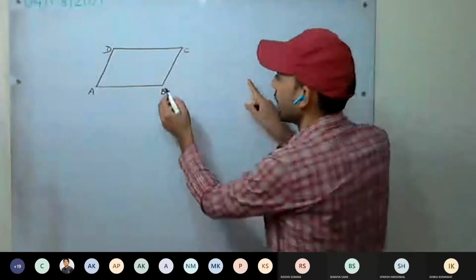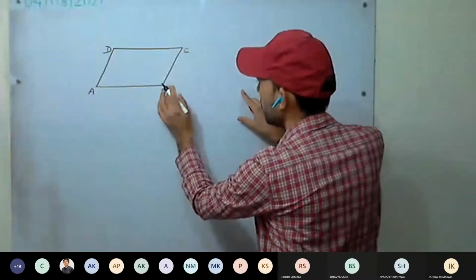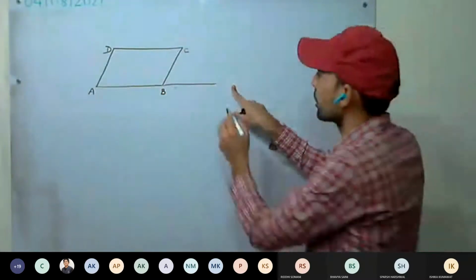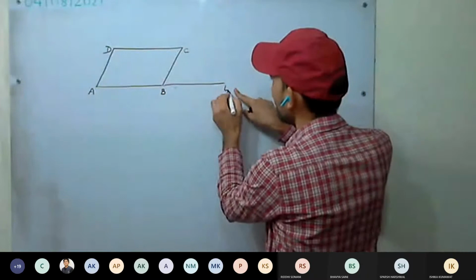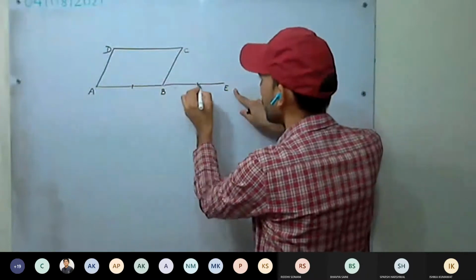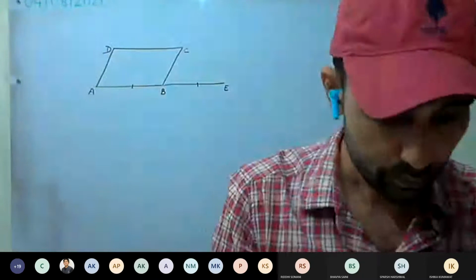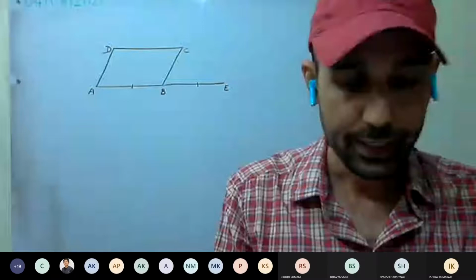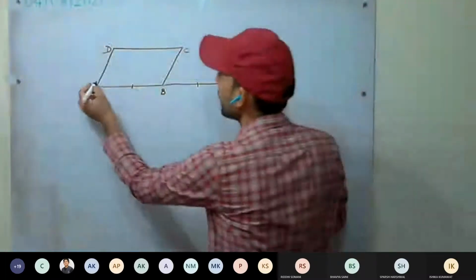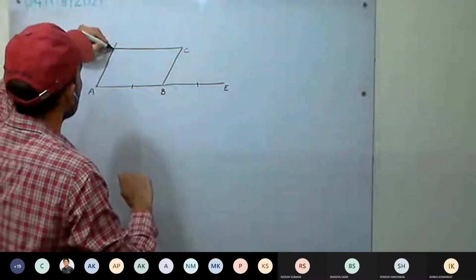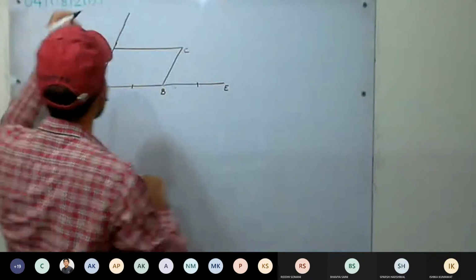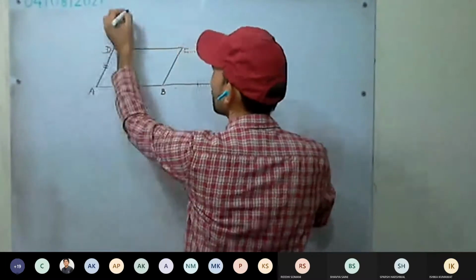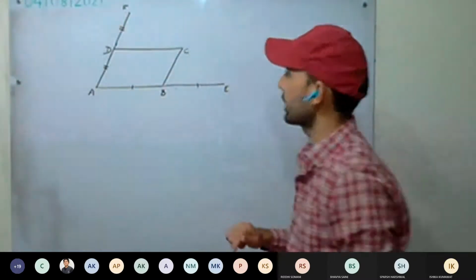This side AB we have to produce up to E, such that AB equals BE, and AD equals DF. These two are equal. This is given.